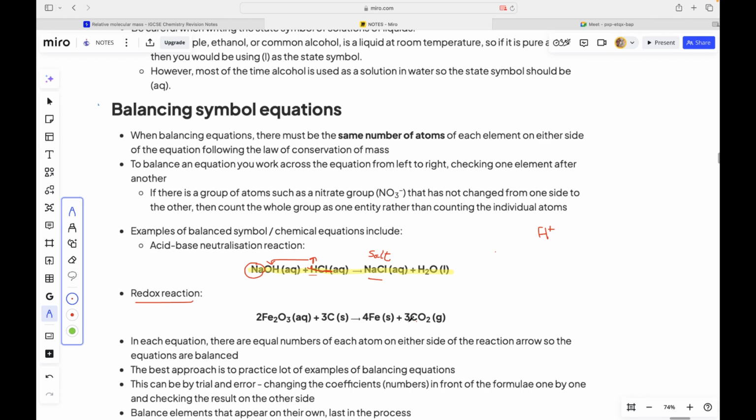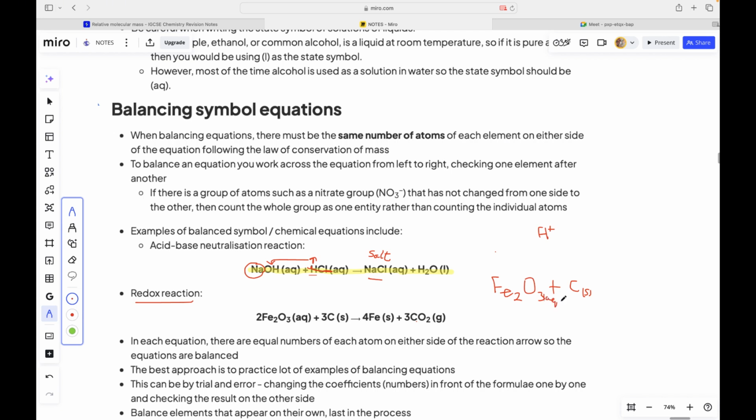Because ordinarily, before balancing, you would have had iron(III) oxide react with carbon. Before the balancing, it would have looked like this. You put the state symbols. Carbon is solid, iron(III) oxide is aqueous. Each one you put the state.